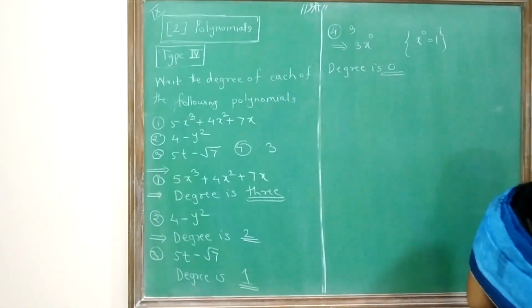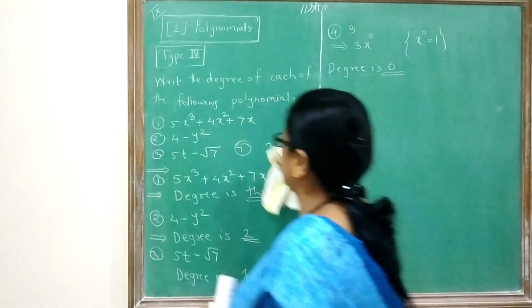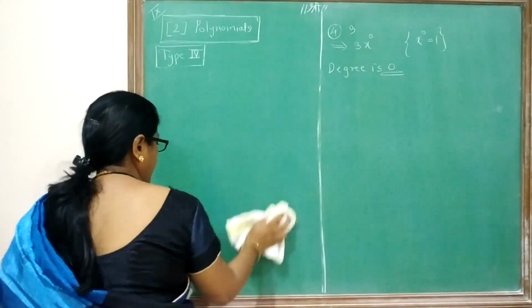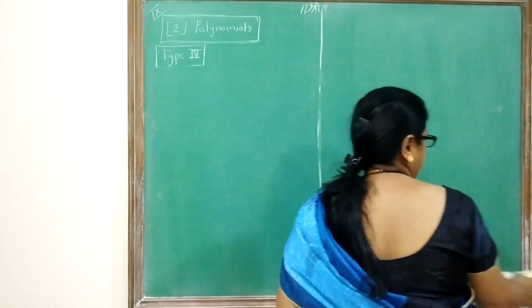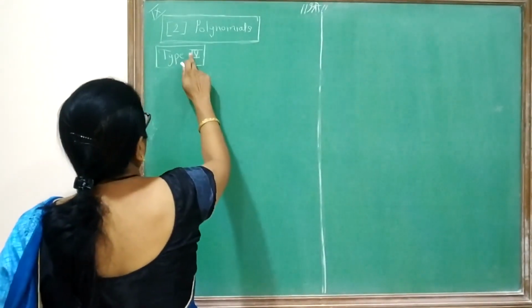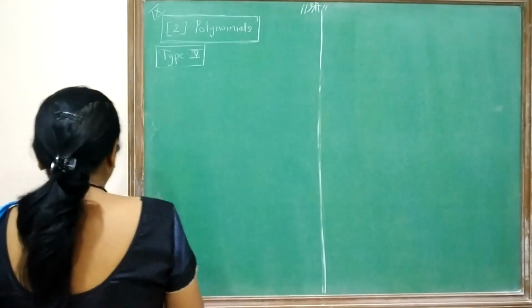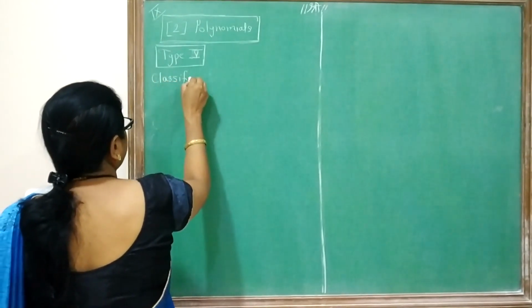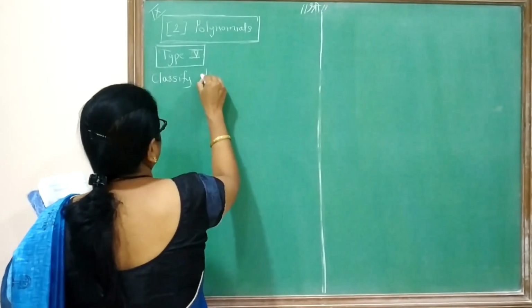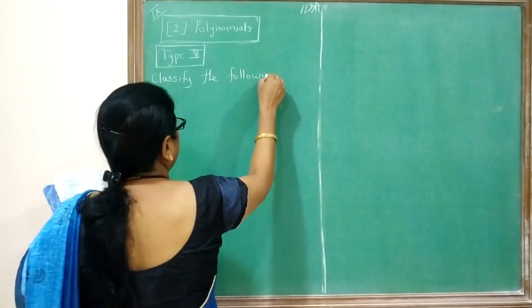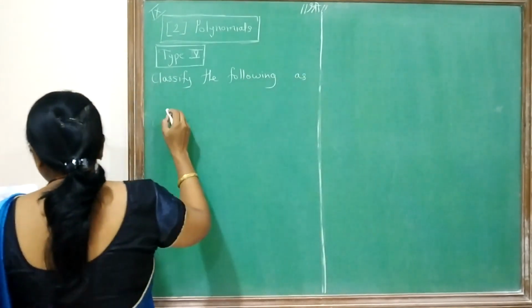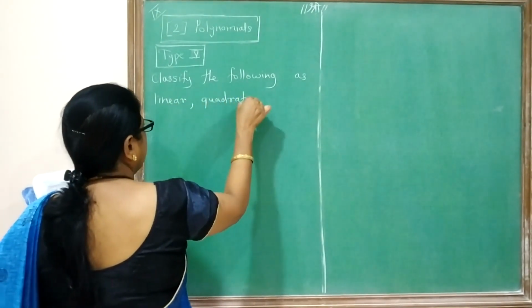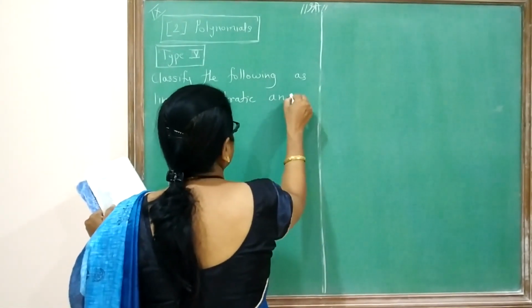Now we will see the next type. Classify the following as linear, quadratic and cubic polynomials.